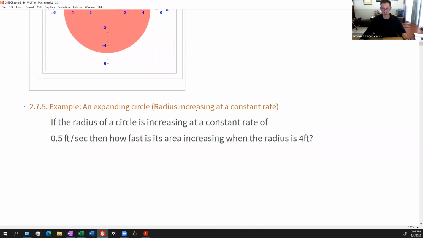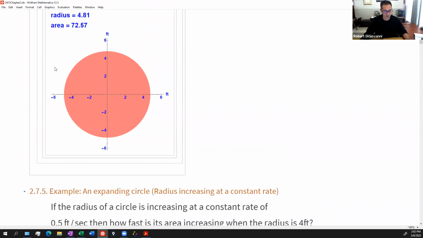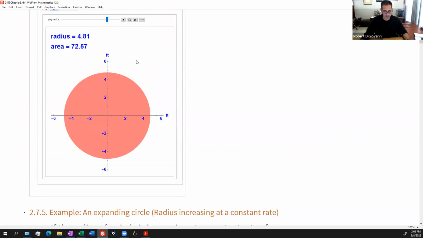So here we go. This is the calculus question right here. This is the way you would see an example. This is the way you see a problem on a test. If the radius of a circle is increasing at a constant rate of 0.5 feet every second, then how fast is its area increasing when the radius is exactly 4 feet? So we have this circle. I'll put the problem back up.